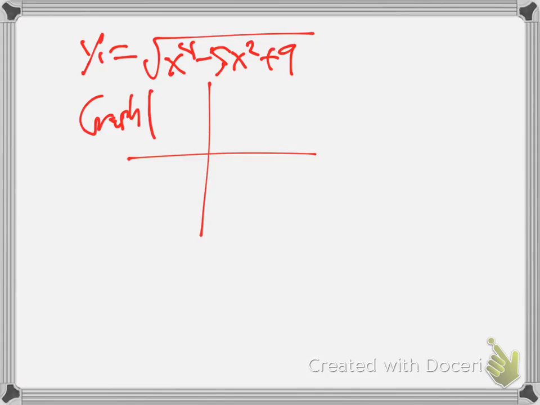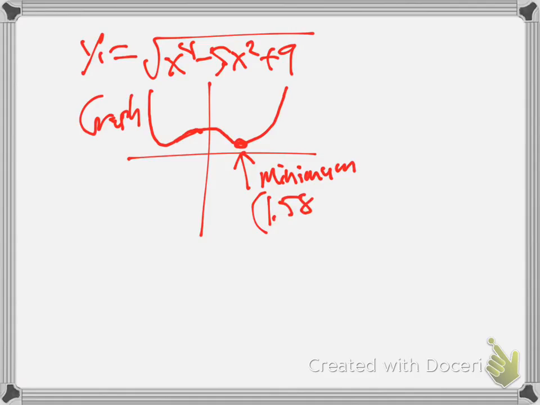What did it do? It went like this, huh? I found this point, minimum, on the graphing calculator, and it came out to be, what did it come out to be? 1.58, 1.66.